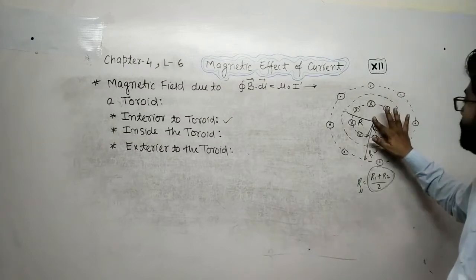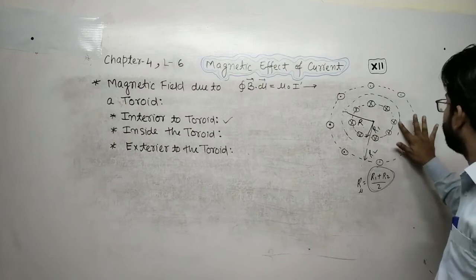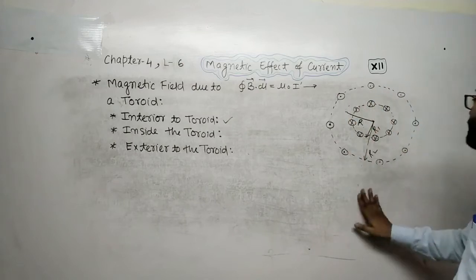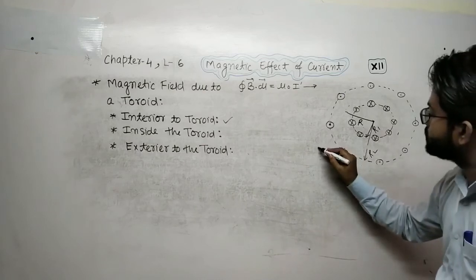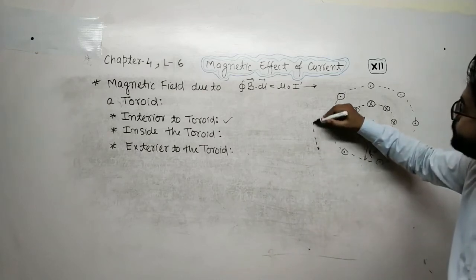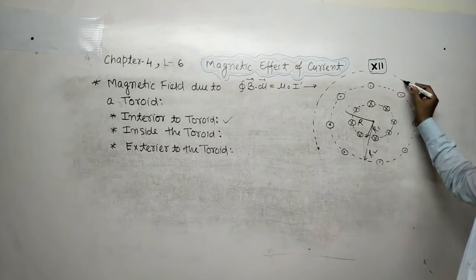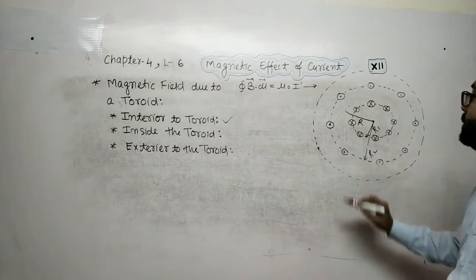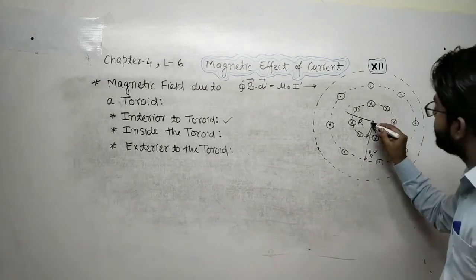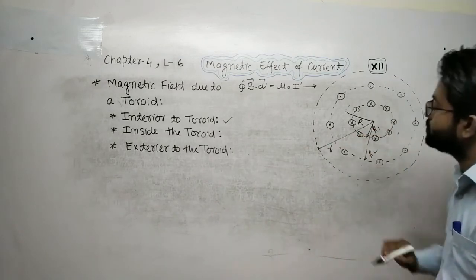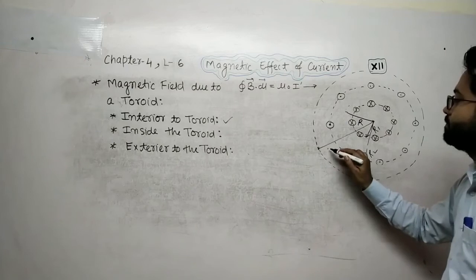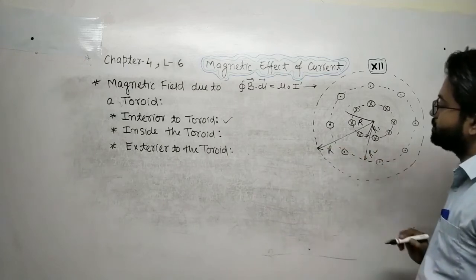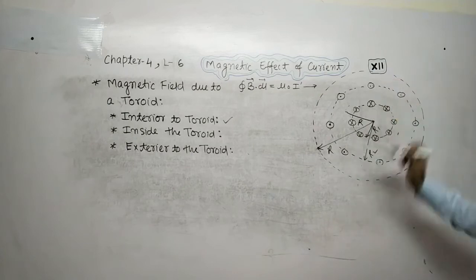Next point, that is we have to calculate the magnetic field at the exterior point. Let us suppose this is the exterior point, and first just draw Ampere's circuit at that point, and the radius from that is, let us suppose, capital R. Okay. This is the radius.